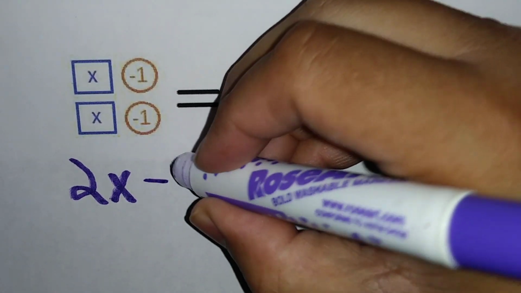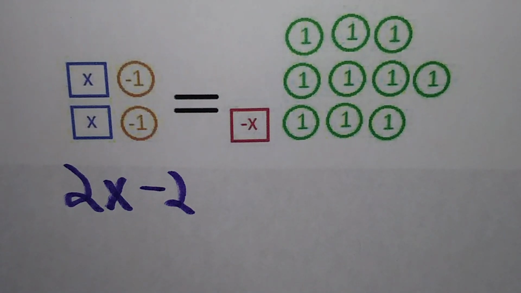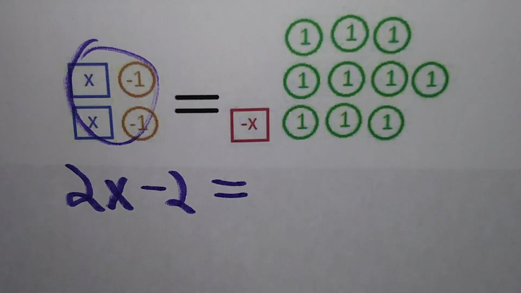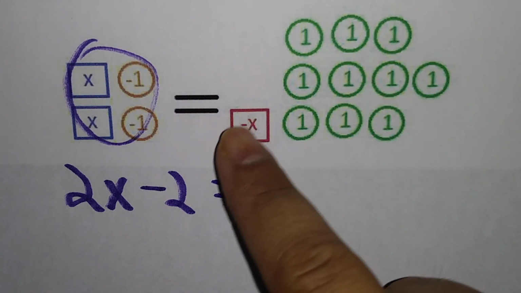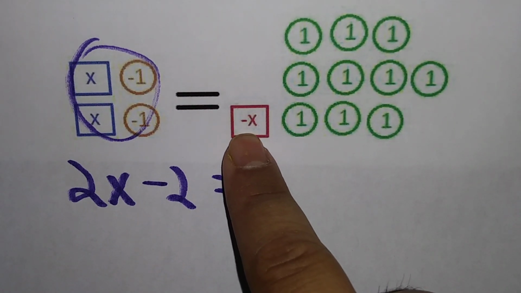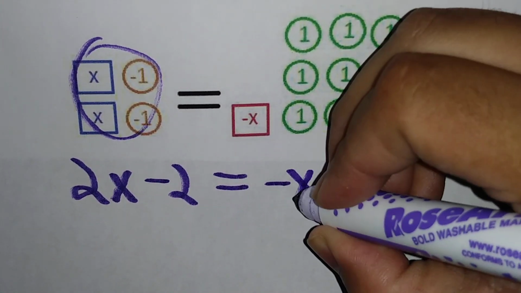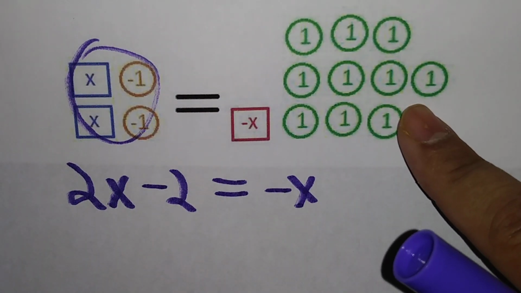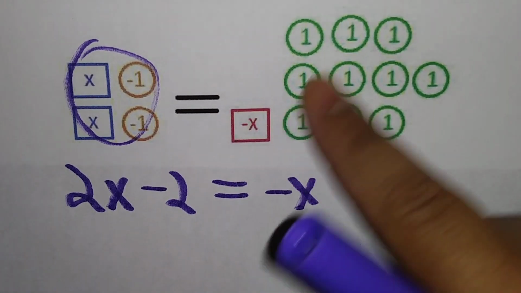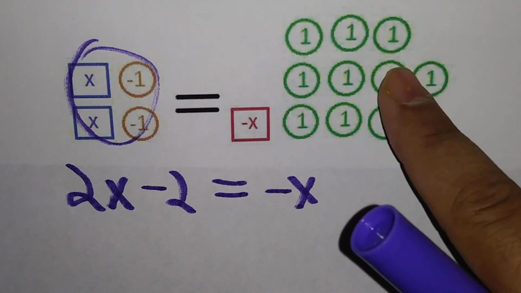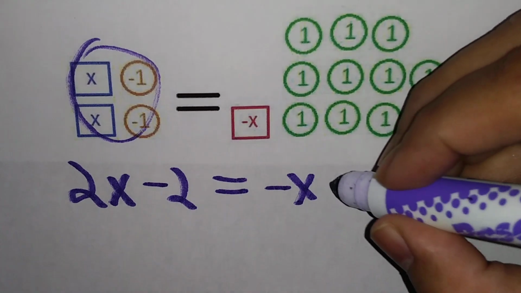So we're going to subtract 2. That's the left side. On the right side, we have this x, which is negative. So we're going to put a negative x, and these are positive constants. 1, 2, 3, 4, 5, 6, 7, 8, 9, 10.